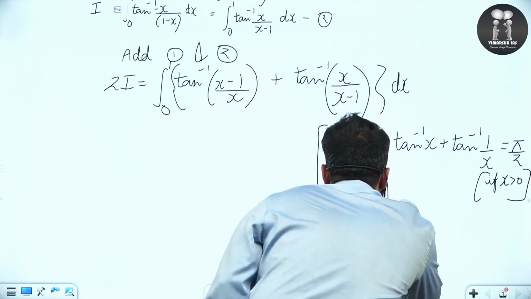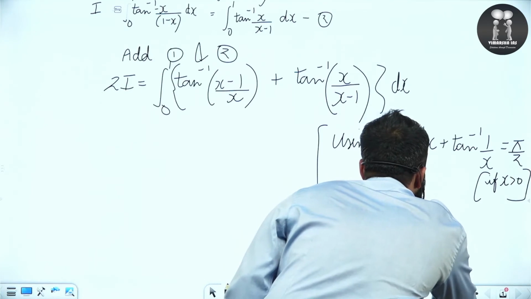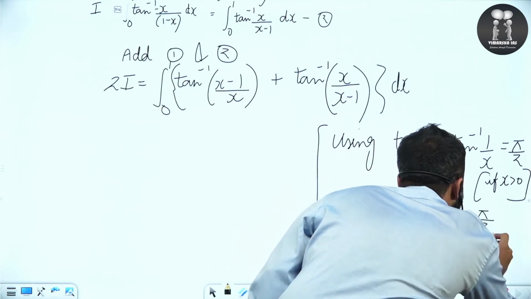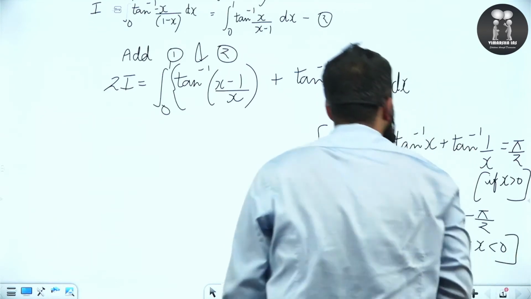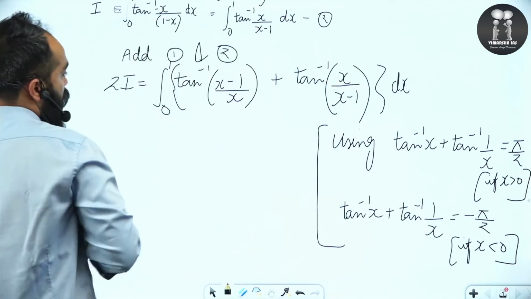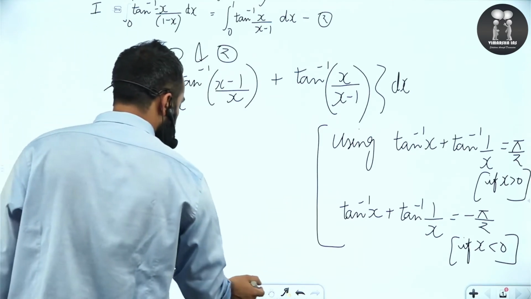And tan inverse x plus tangent inverse 1 by x equal to minus pi by 2 if x less than 0. So now you need to find whether x minus 1 by x is greater than 0 or less than 0.